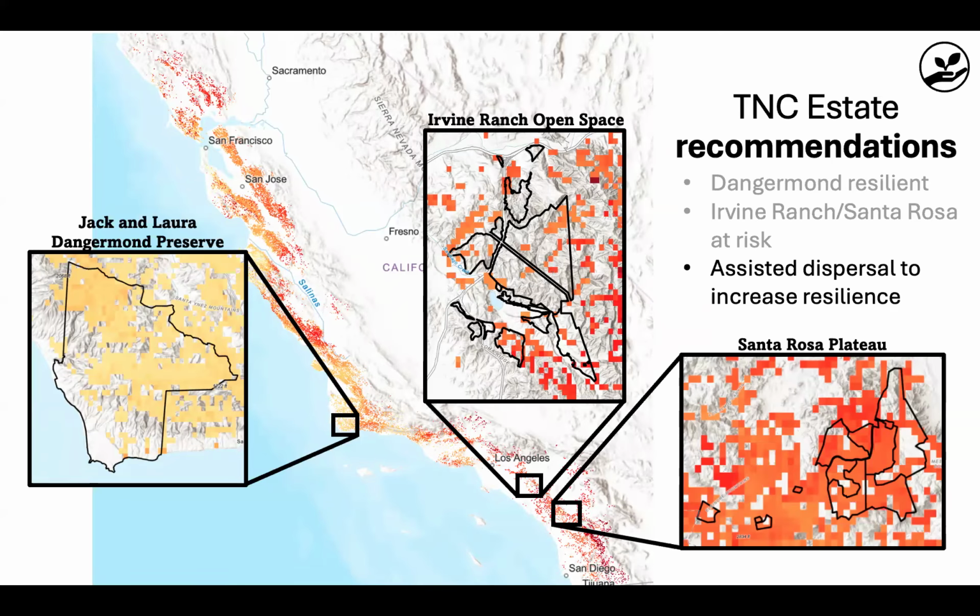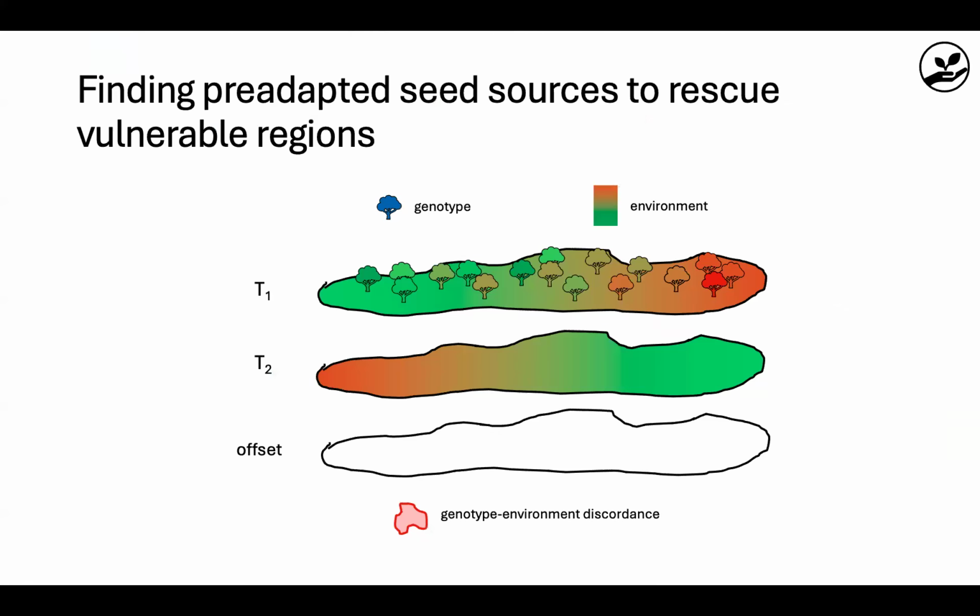So how are we going to get to these seeds, right? Where are we going to get these seeds from? And this is really a cool part of the landscape genomics: we can use this to identify resilient seed sources. So we're talking about the same genomic offset figure that I showed you, except this time we're moving the trees around. And so this brown tree into this green environment, what kind of disparity will that be?